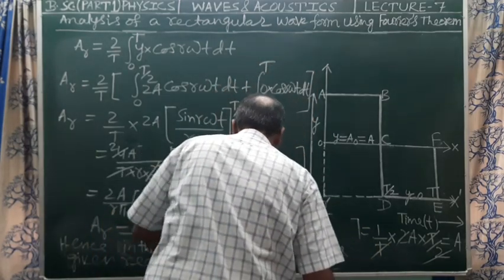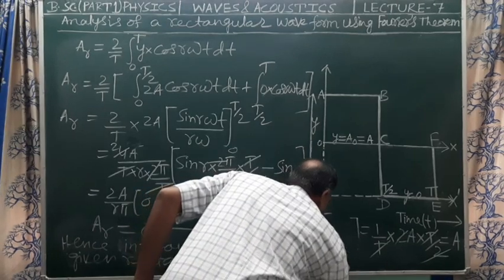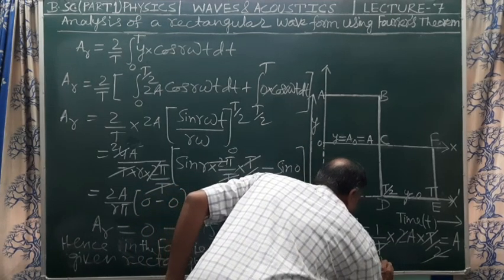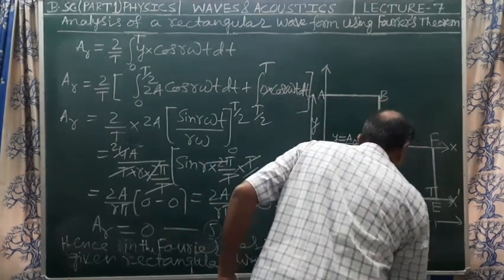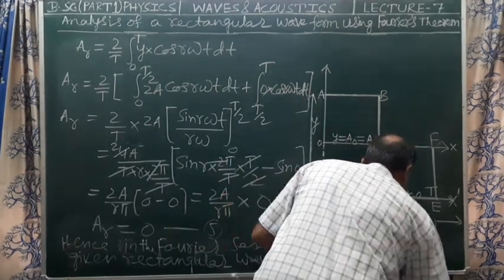In the given rectangular waveform, cosine terms will be absent.